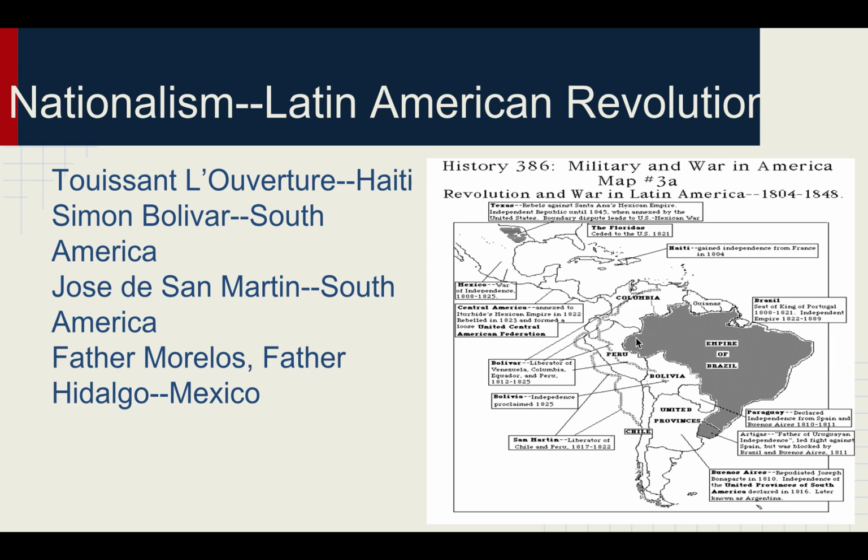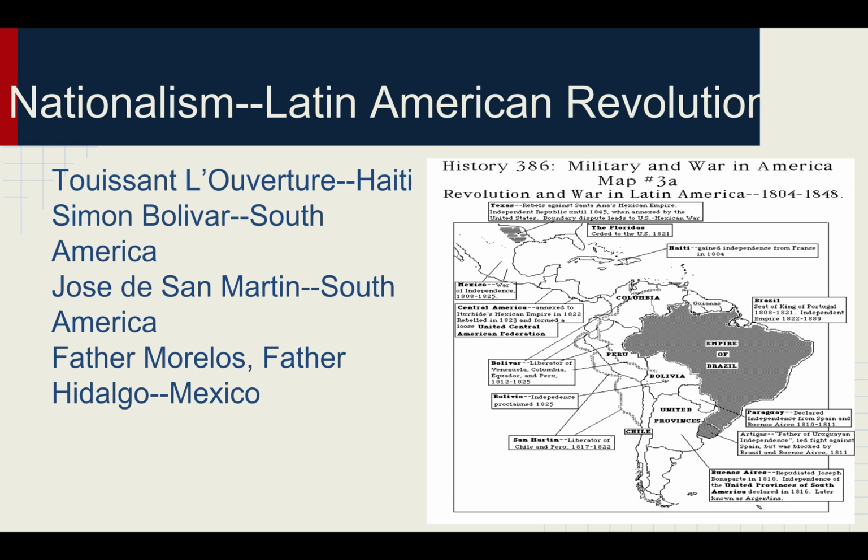In South America, we have a Creole named Simón Bolívar. Creoles were the second in line of power in Latin America. The top were the Peninsulares, who were born in Spain on the Iberian Peninsula. The Creoles, like Simón Bolívar, were very similar to the bourgeoisie of France.